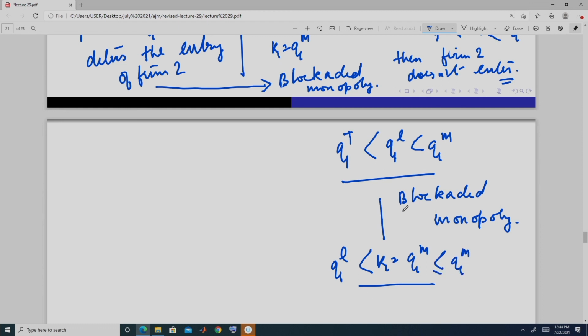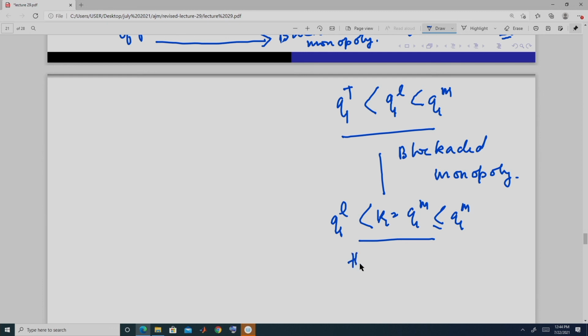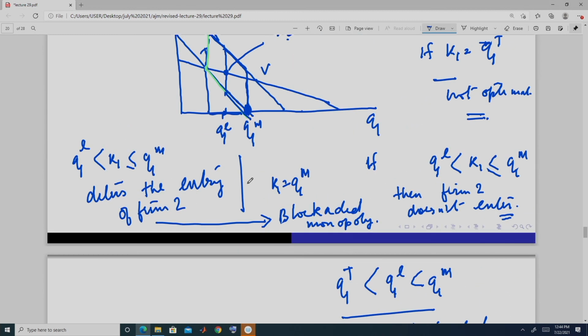If this is the situation, then it deters the entry of firm 2. Okay, I hope this is clear.